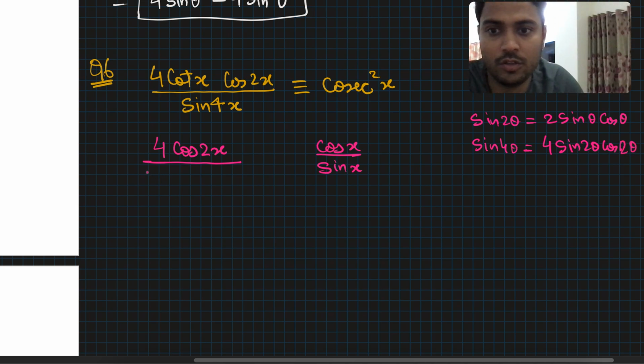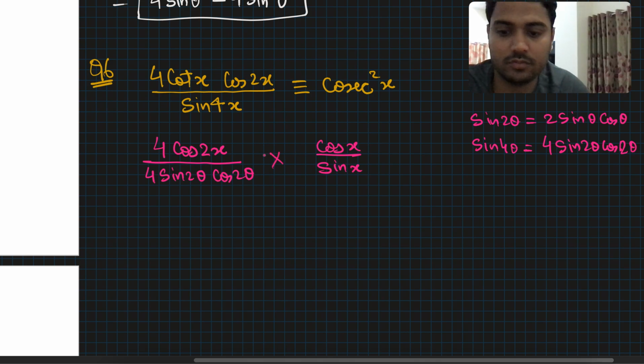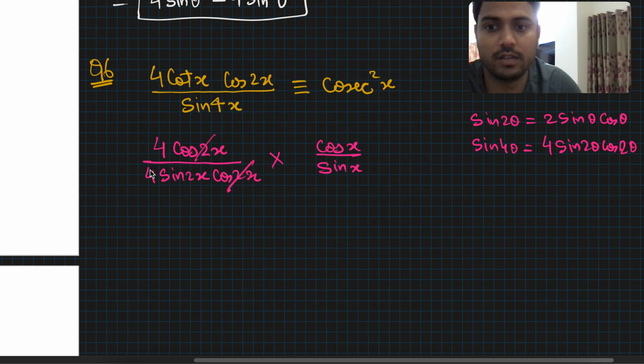Let's write it down. So 4 sin 2 theta and cos 2 theta, and this is multiplied by cos x upon sin x. So we have to take x, not theta, so I'm just writing it as x, sin 2x cos 2x. So cos 2x will cancel out, 4 will cancel out.